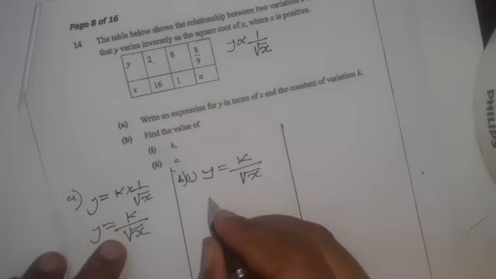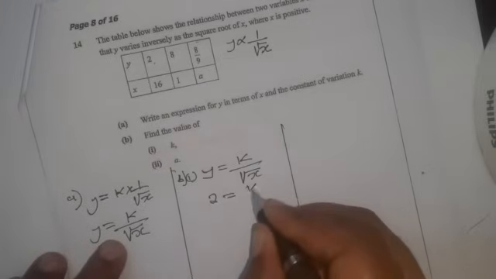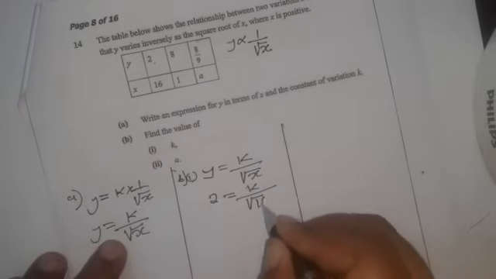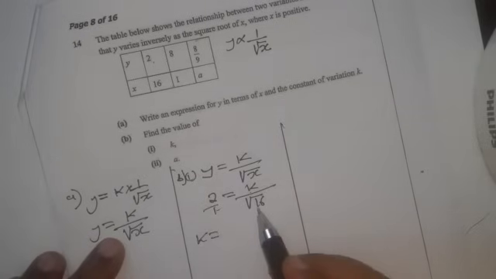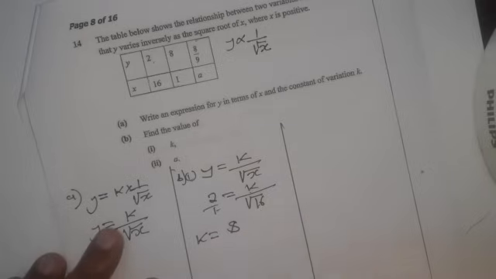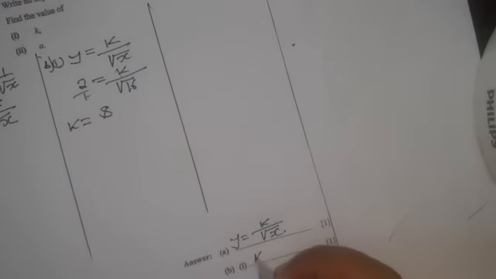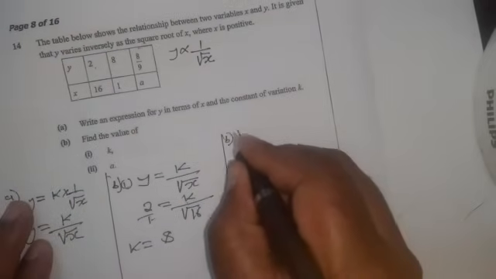So we'll say 2 is equal to k over the square root of 16 over 1. You cross multiply 1 by k, it's k. What is the square root of 16? It's 4. 4 by that, it is 8. Okay, so k is 8. K is 8.